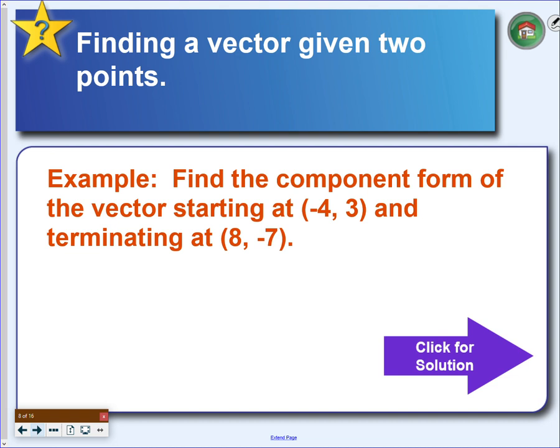Okay, so that's your I. So this right here would be where it ends, it terminates, so that's going to be x sub t and y sub t. Be careful when you are subtracting negative numbers.